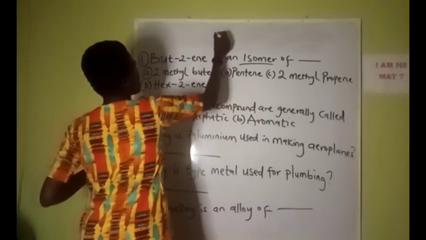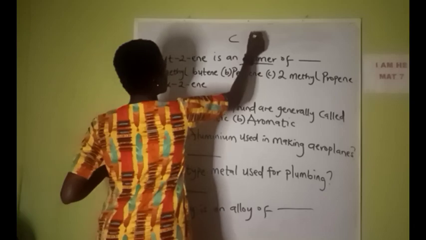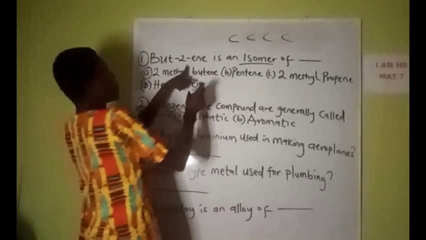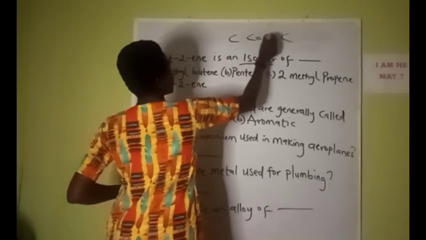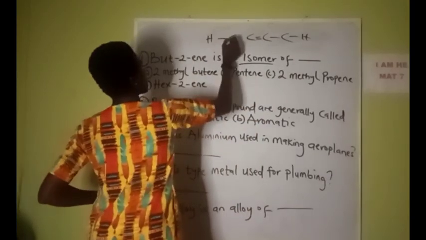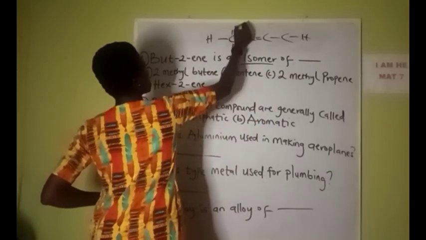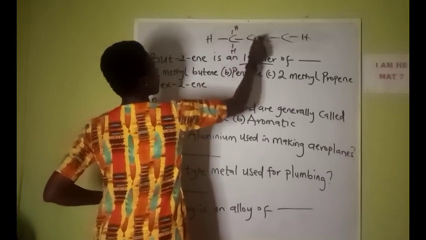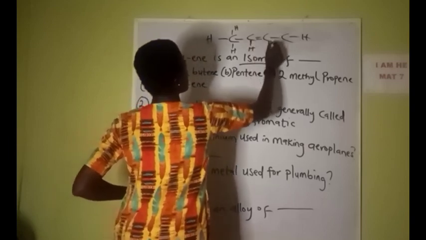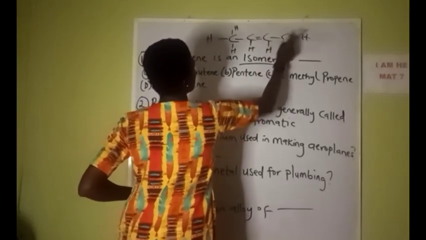We're having 1, 2, 3, 4, that's but. The position of this double bond is 2, so it's going to be here.